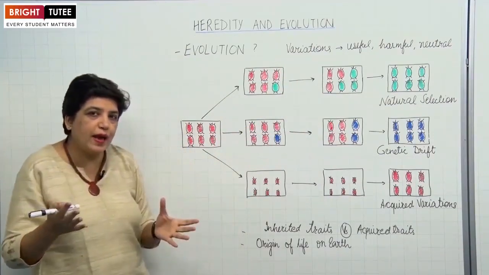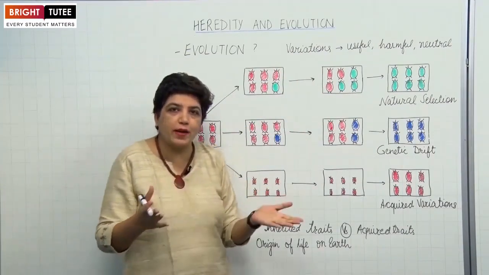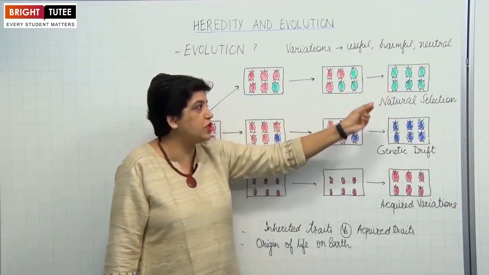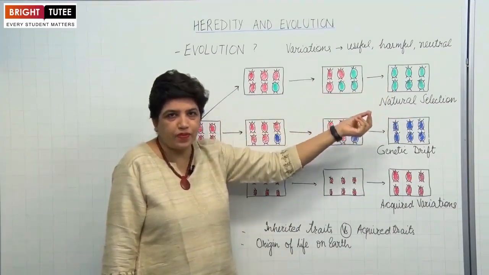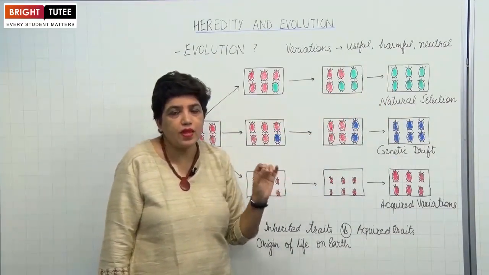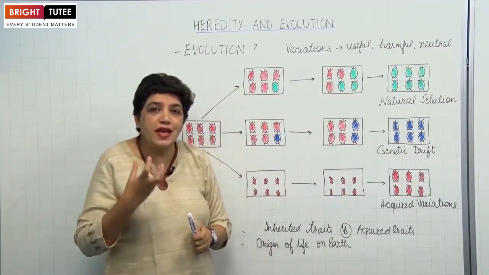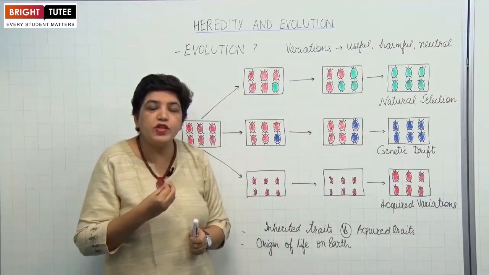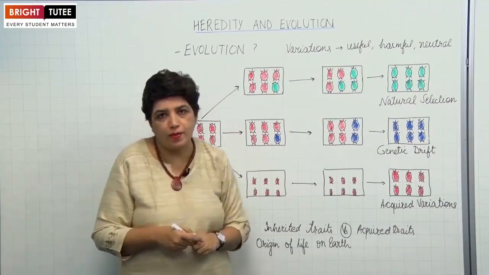Slowly, all the red beetles will be wiped out. They will be fed upon by the crows, and a new species of green beetles is formed. This phenomenon is called natural selection. Nature selects those organisms which have the useful adaptation, which can survive in that environment.